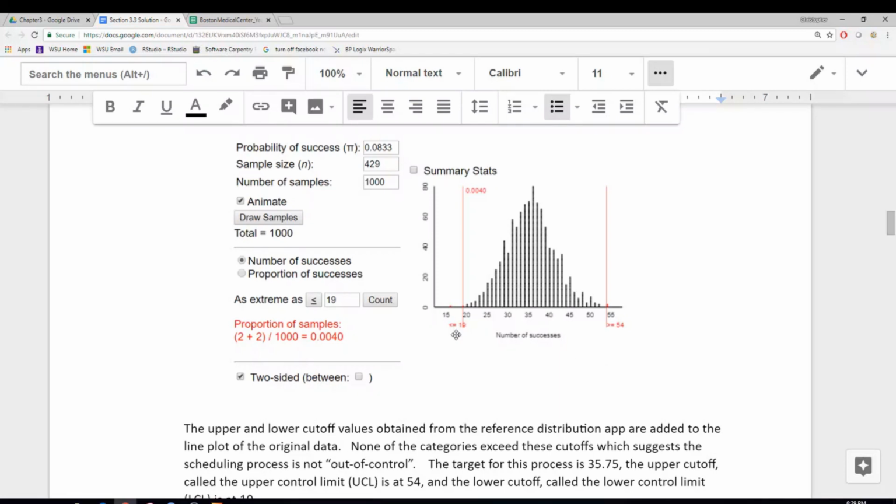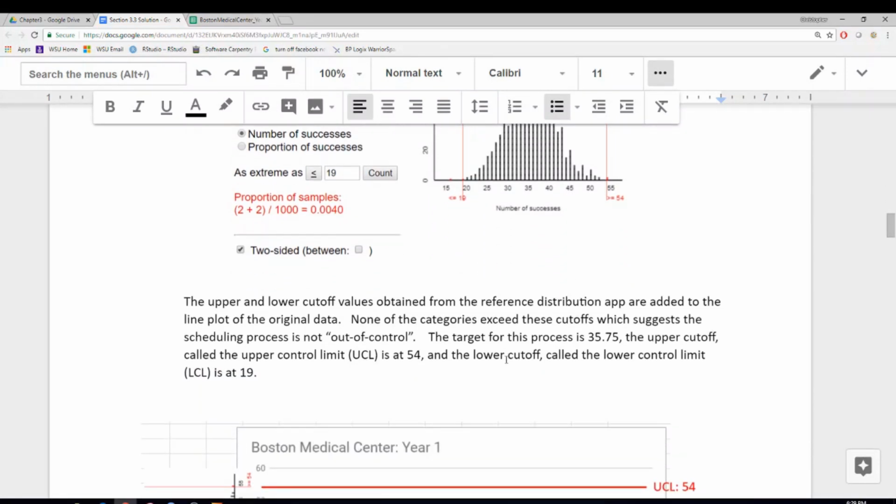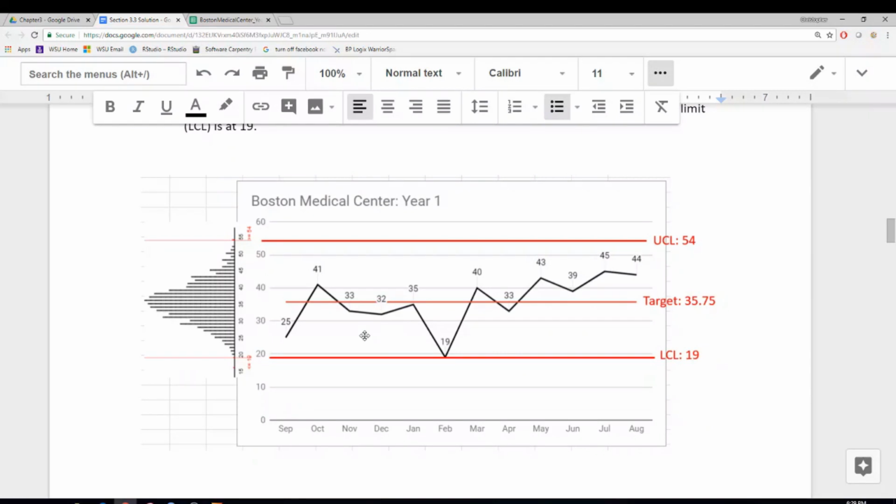Now I can take those quantities, the 19 and the 54, and just put those on my line graph that was provided. So I can go ahead and take this pyramid, just tip it on its side here. It's the same pyramid for all the months here, so that is important. I'm looking for consistency across all 12 months, so I know I can use the same pyramid across all of those.